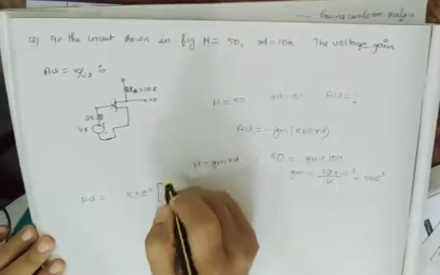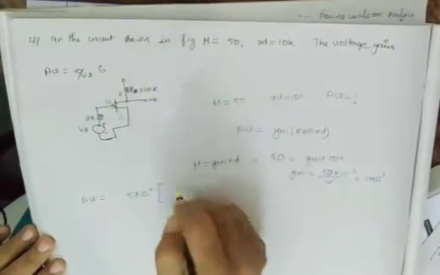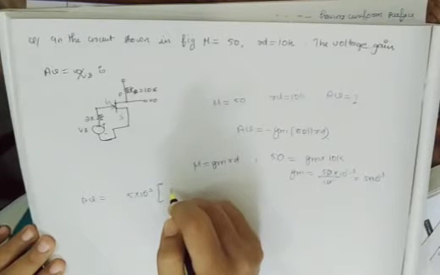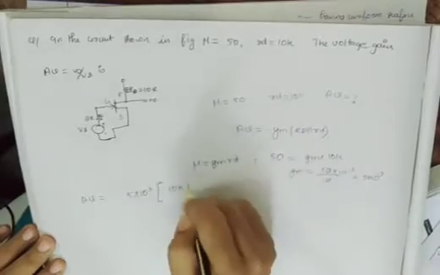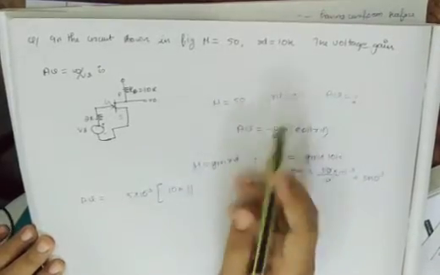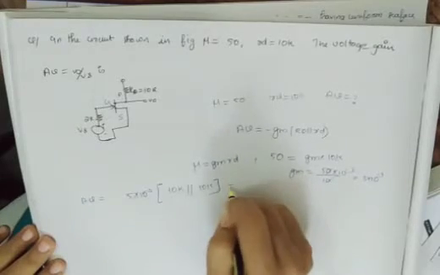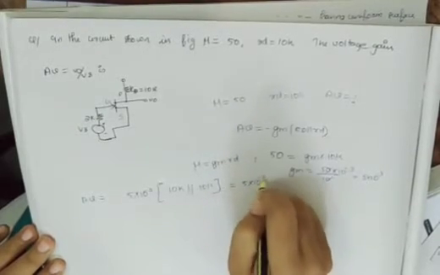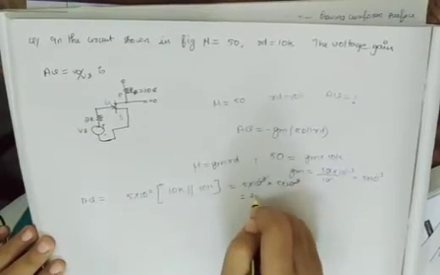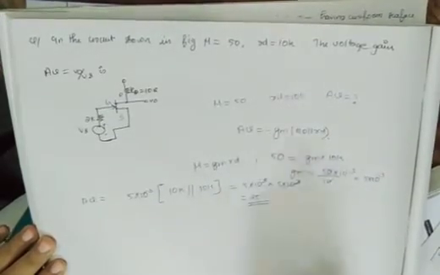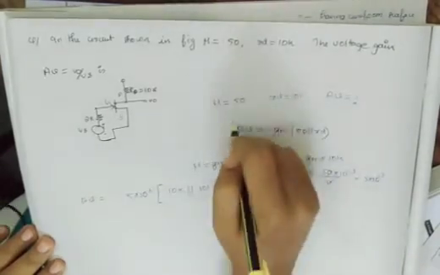This is drain, this is gate, this is source. So Rd is equal to 10K, right? That is 10K parallel 10K, which will be equal to 5K. That is 5 into 10 raised to minus 3 into 5 into 10 raised to 3, which is equal to 25. There is a negative sign also, right?